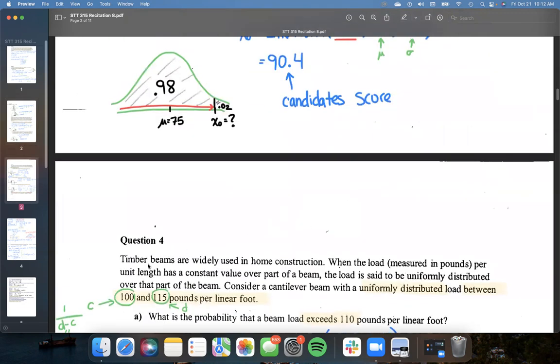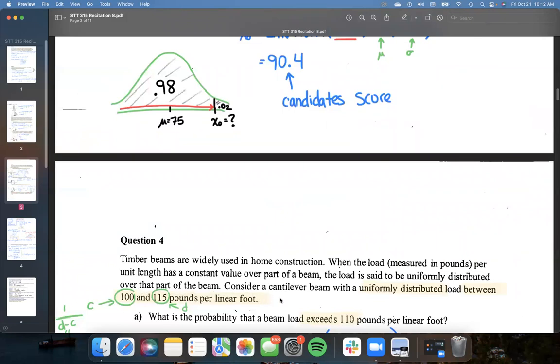Question 4. Timber beams are widely used in home construction. When the load measured in pounds per unit length has a constant value over part of a beam, the load is said to be uniformly distributed over that part of the beam.